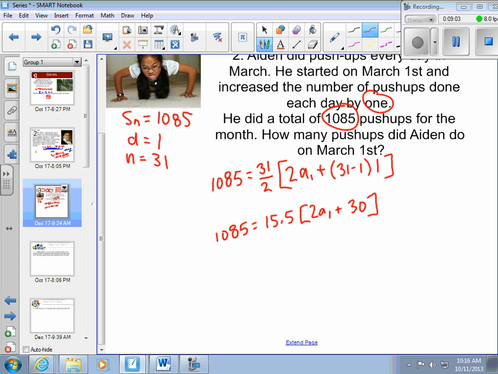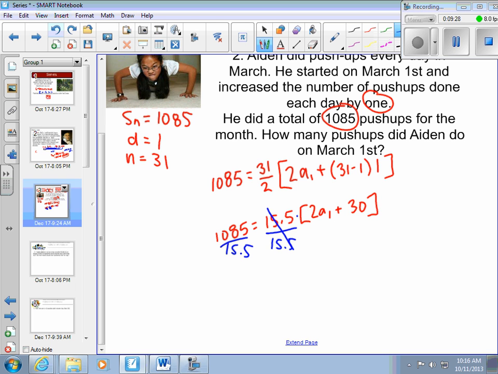All right, so now we keep simplifying. We could distribute this 15.5, that would be one way we could do it. Another way would be to get rid of that number. It's being multiplied to this parenthesis, so we could divide each side by 15.5. Let's try that out.